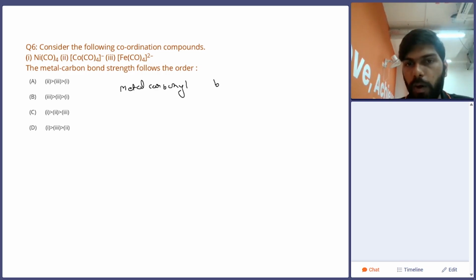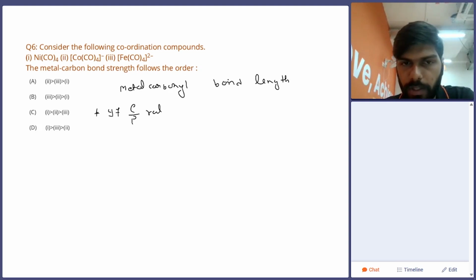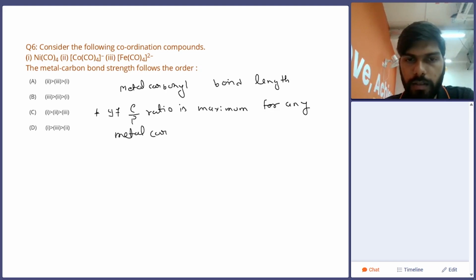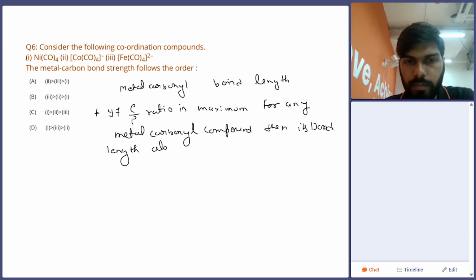So in metal carbonyl bond length, if you know, you are able to predict the bond order. Okay, so if I am writing one condition, if E upon P ratio is maximum for any metal carbonyl compound, then its bond length is also greater.